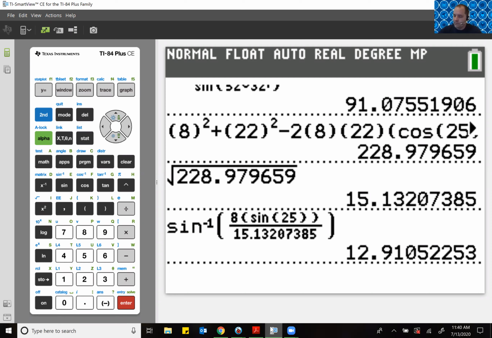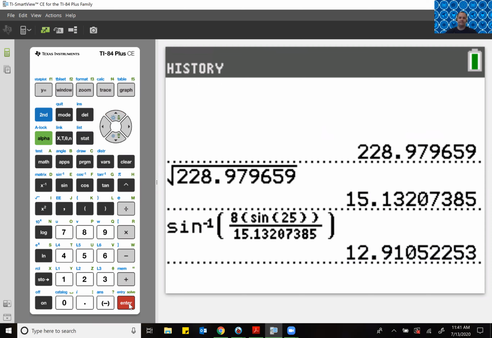Okay. So to get our last angle C, all we're going to do is take 180 minus the angles that we know, which is why I want to hang on to that 12.91 there, because all I'm going to do is take 180 degrees minus 25 degrees, because that was angle A, minus the 12.9105223, and that's going to tell us angle C. So 180 minus 25 minus, I can go out there and grab this guy this time.